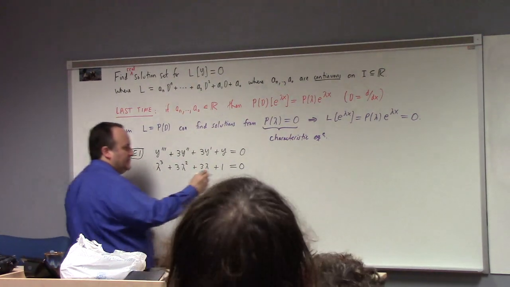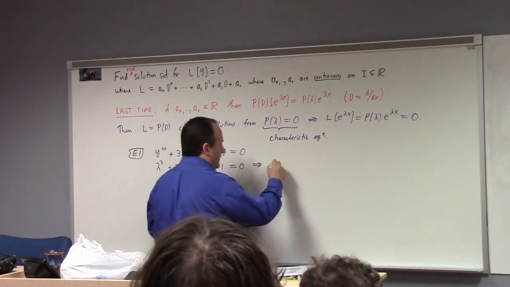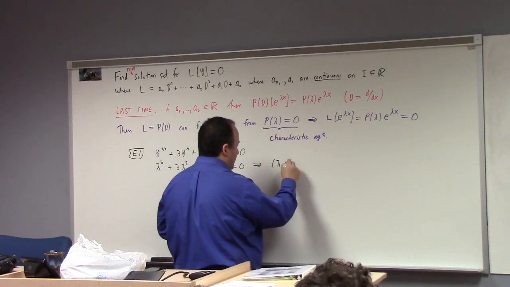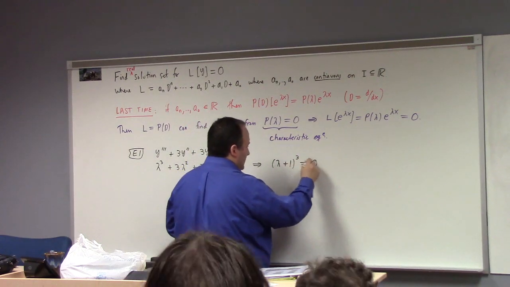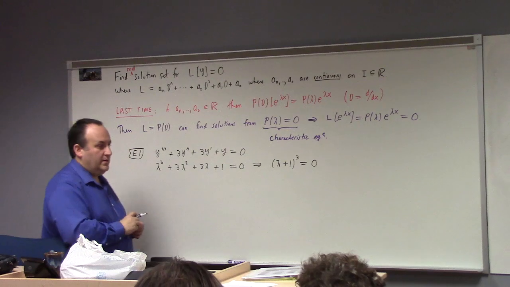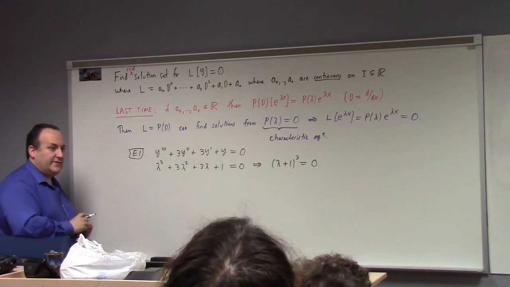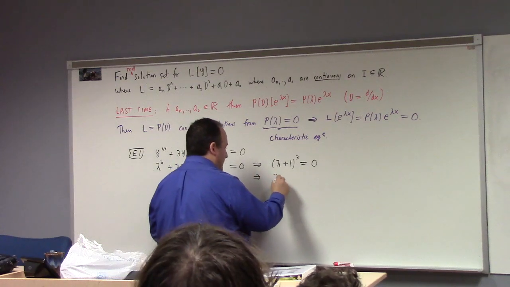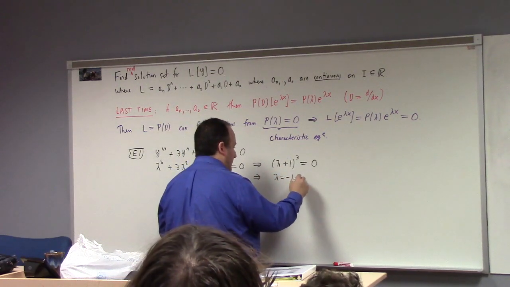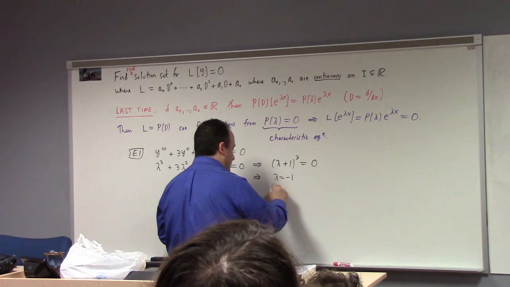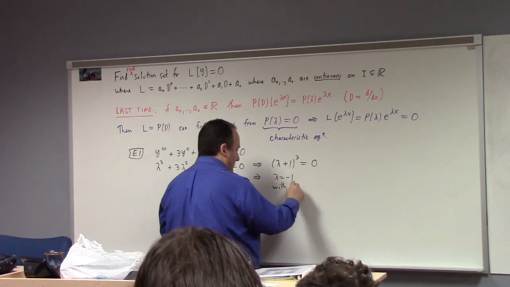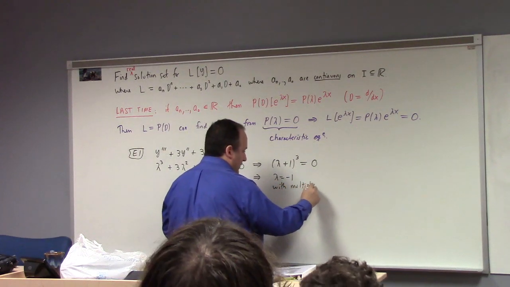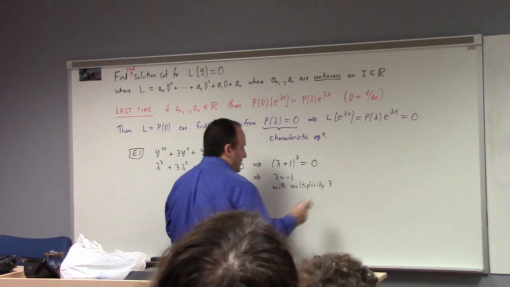In this case, we have (lambda plus 1) cubed equals 0. So I only get 1 zero, right? I get lambda equals minus 1, with a multiplicity of 3, right?